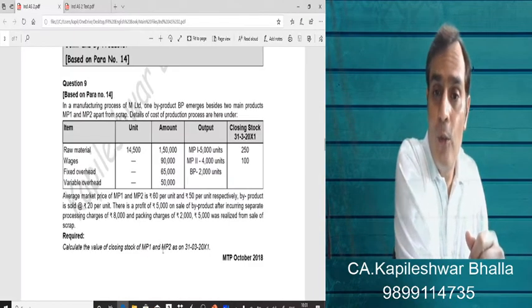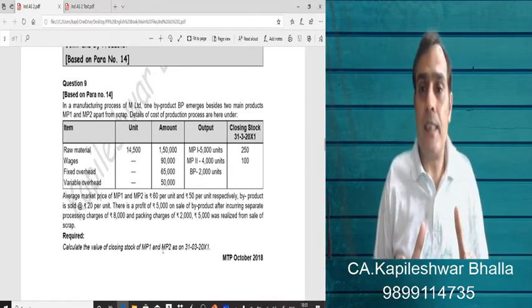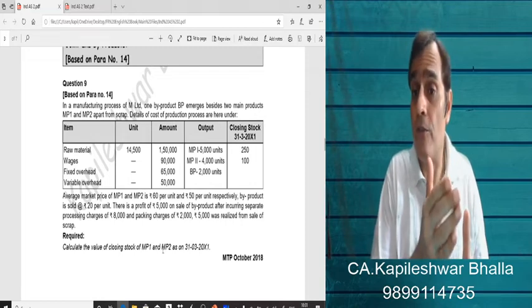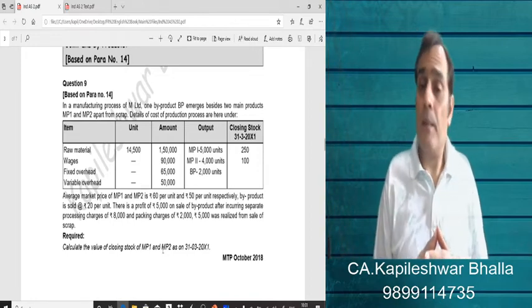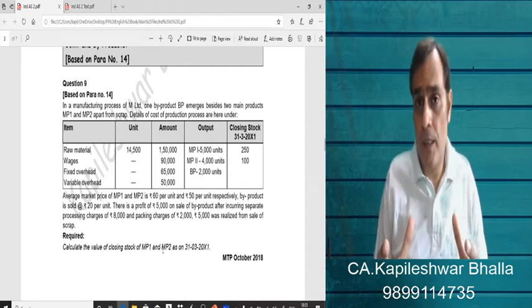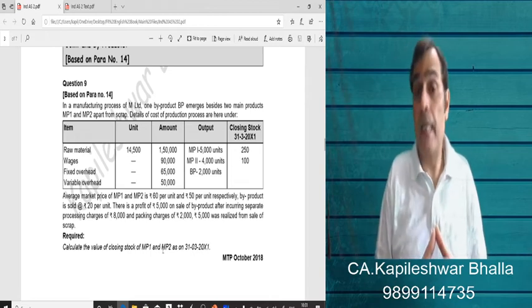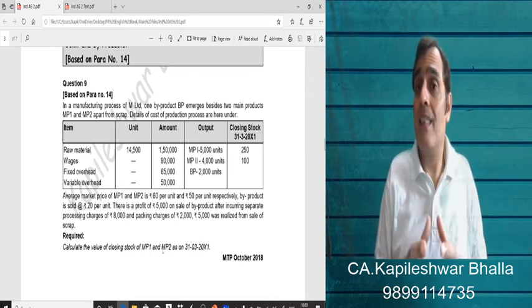If you look at the language at the end, you would see something clearly given. There is a profit on sale to the extent of 5,000 after incurring separate processing charge. That means the byproduct which emerged out of the first process was further processed in another process. And if it was further processed, it is in an incomplete stage.